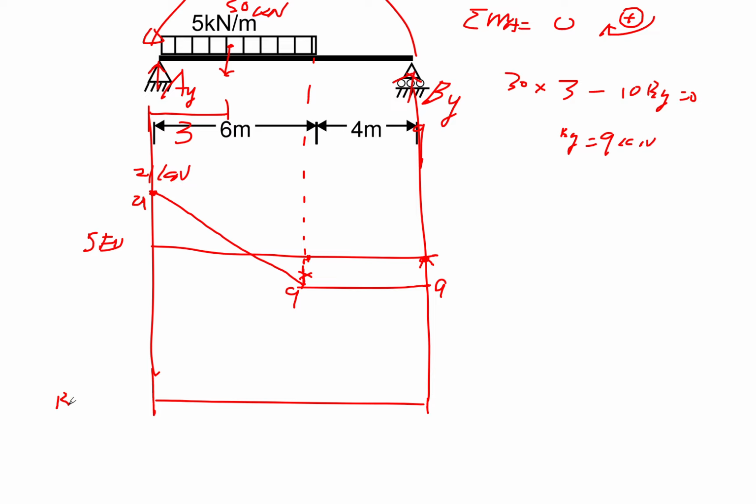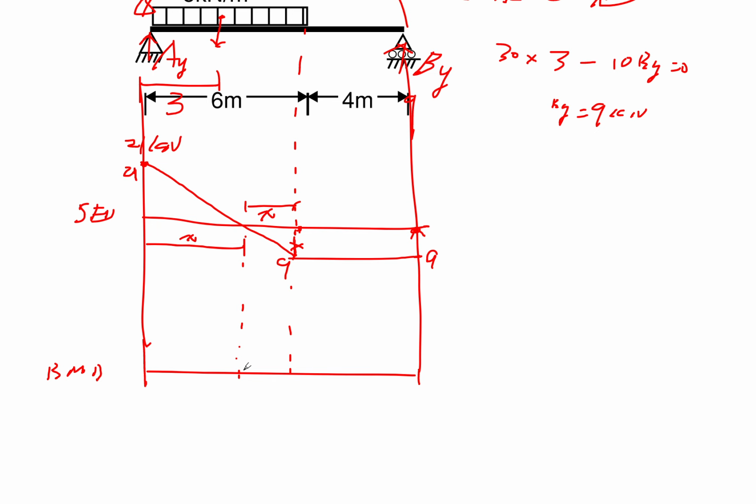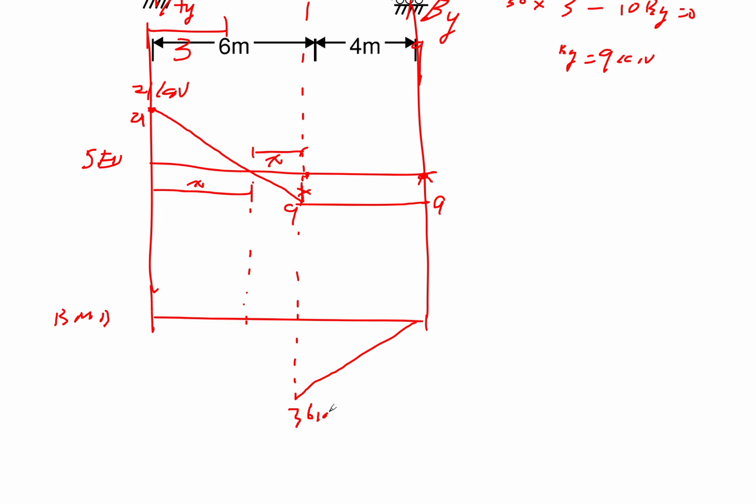Then my bending moment diagram is interesting. First of all, you need to figure out this distance here, and then this distance here. We've got a few important locations where we need to specify the bending moments. This portion is rectangular, so we can just work out the area, because the moment is the integral of the shear force. So 9 times 4 gives you 36 kilonewton meters.